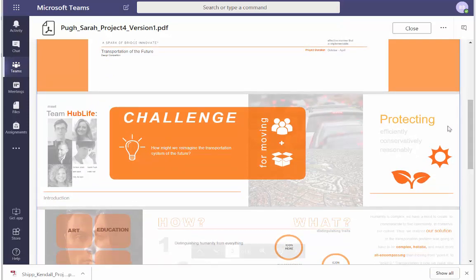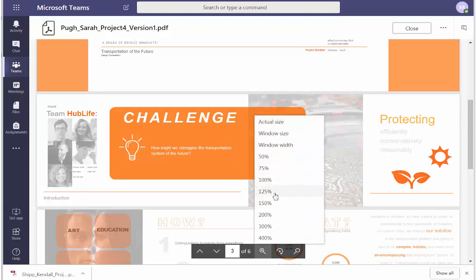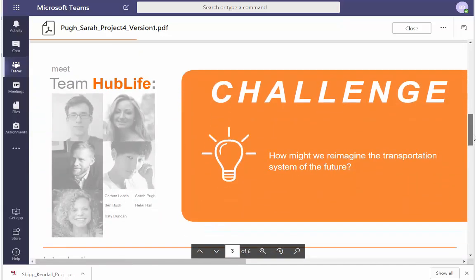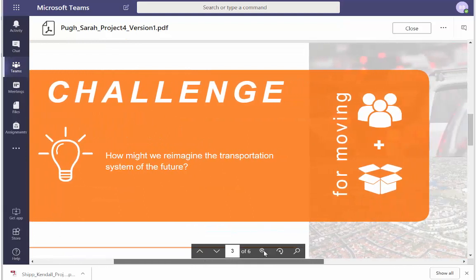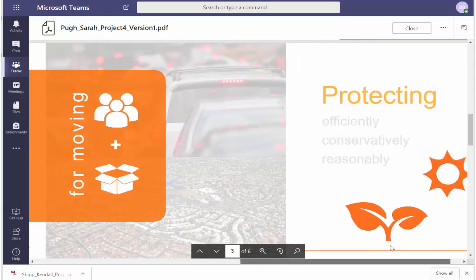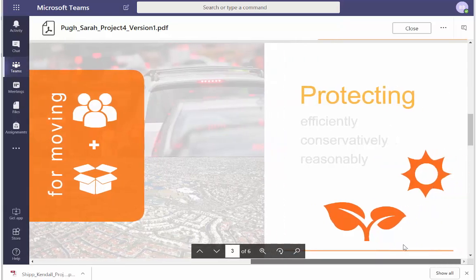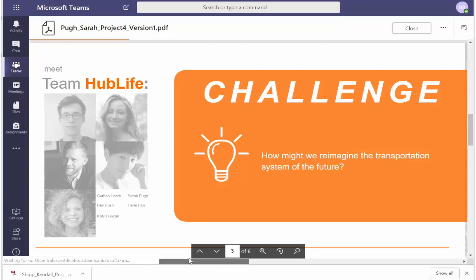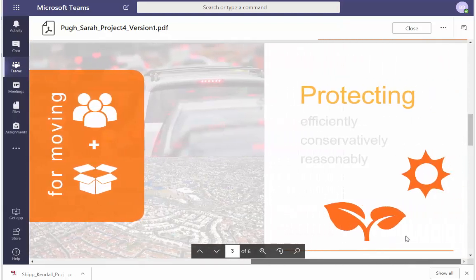What is the challenge? The thing is, you're talking about moving people and things and protecting, but this seems primary, that seems secondary, but they're both primary.